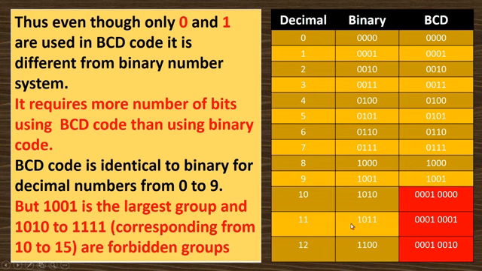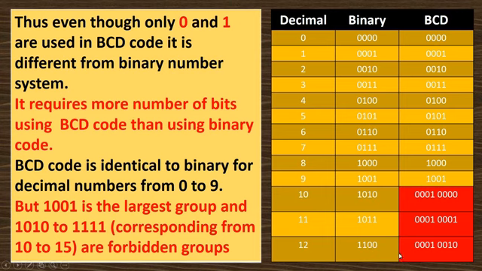Here 11, this 1 can be represented separately and this 1 can be represented separately in BCD. But in binary, we can write directly 1011, by using the double dabble method of converting decimal to binary. What about number 12? 12 in binary by the double dabble method can be written directly as 1100.